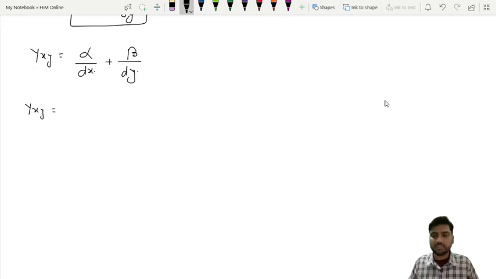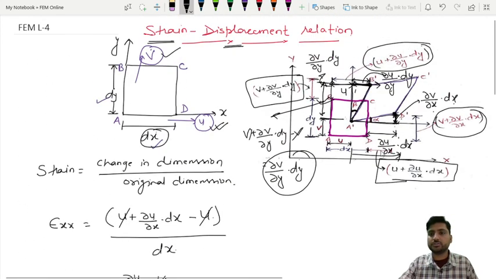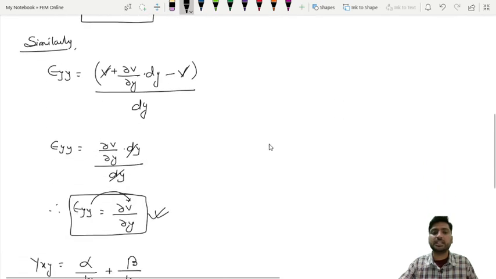Alpha, what is your alpha? You can see the alpha value. We need to find this. So what is the total? Initially the total is v plus del v upon del x into dx, and if we subtract v from here, then we will get the distance from here to here, right?